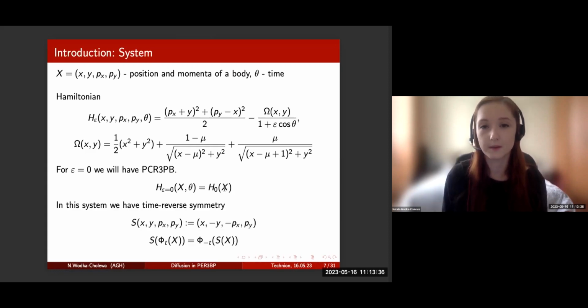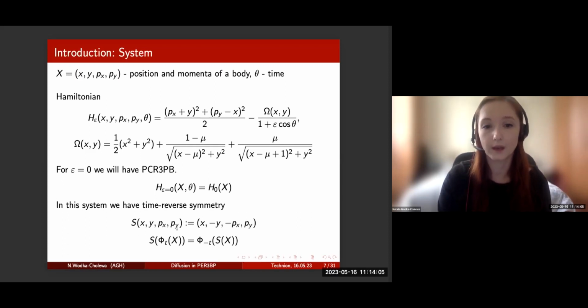Okay, in this system, there is a very interesting symmetry, time reverse symmetry, that works as follows. This is the definition of the symmetry. So you can change the sign of the second and the third variable, so y and px, and there is no change on the first and on the fourth, so x and py.